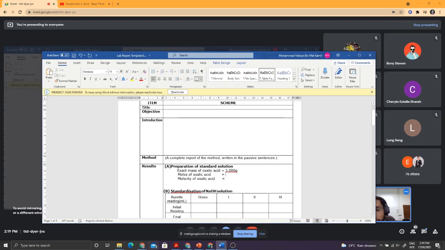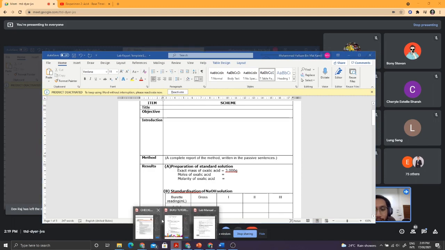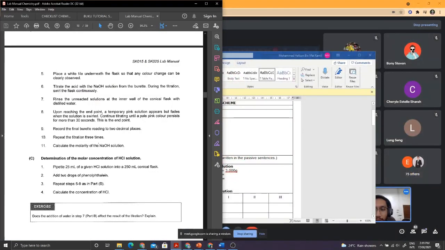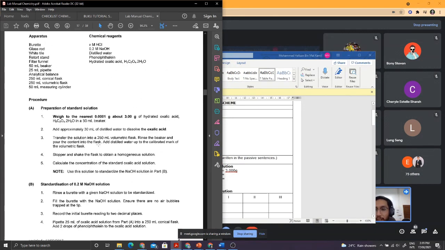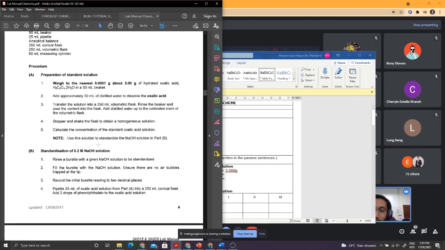To get moles, you divide the mass by the molar mass. And for molarity, you know the formula, which is moles over volume of solvent. To get the volume, look at the lab manual.